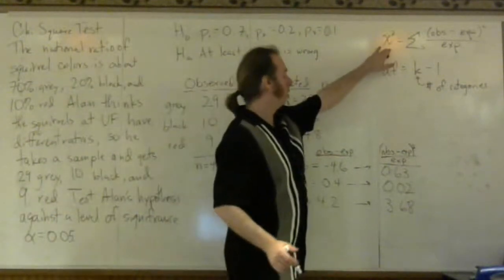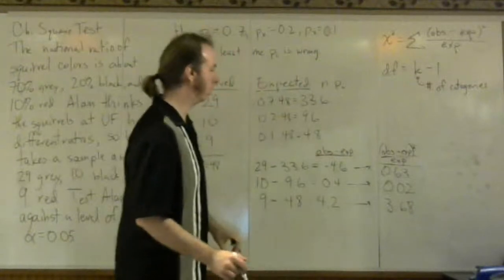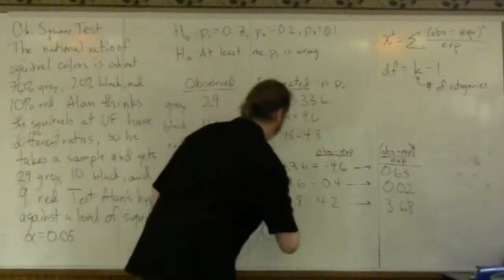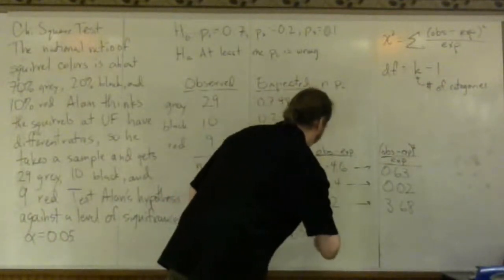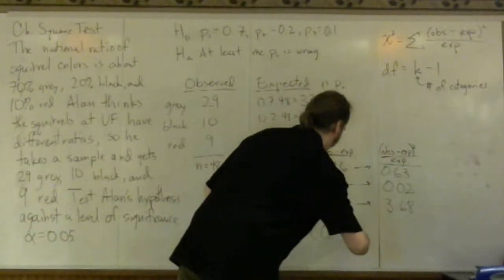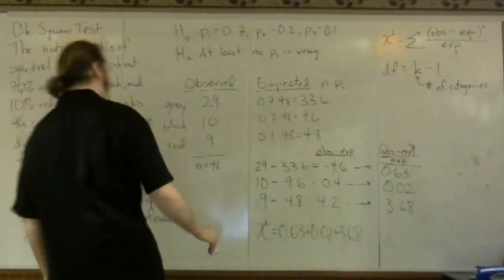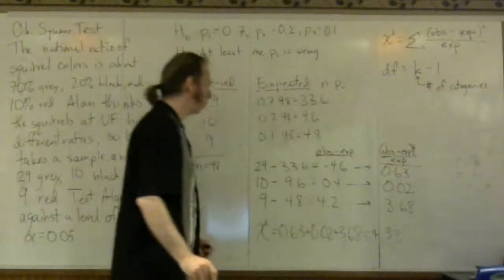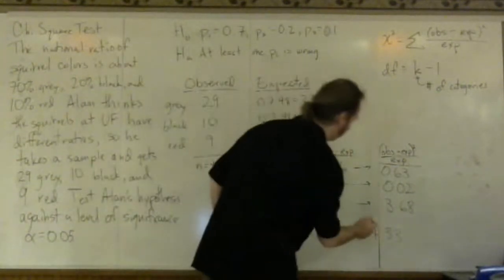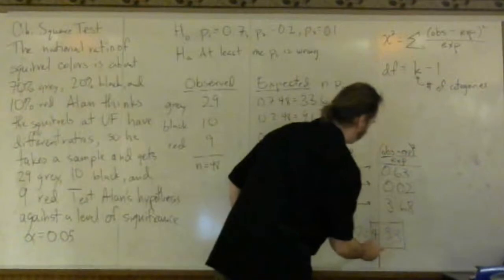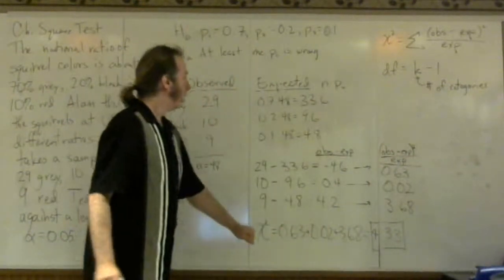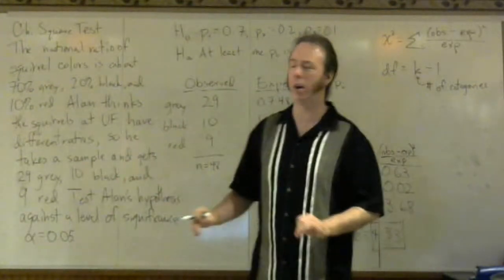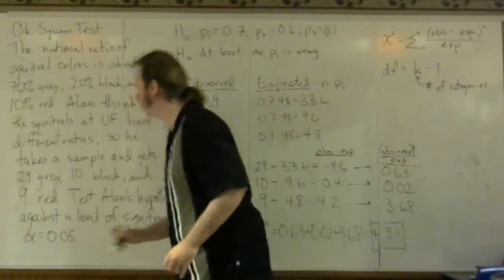The chi-squared statistic is just adding all of those together. I get 4.33. So that's the value for chi-squared. That's what I want to test against my level of significance.